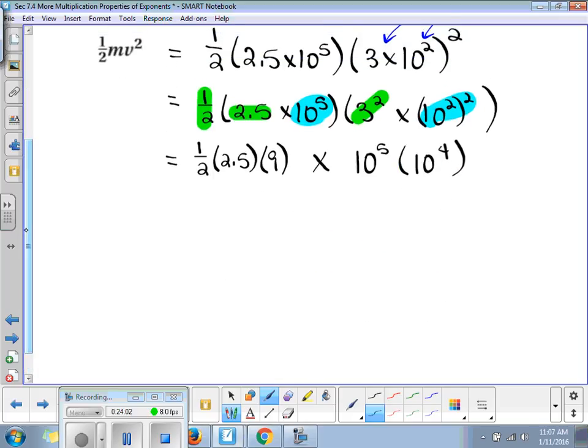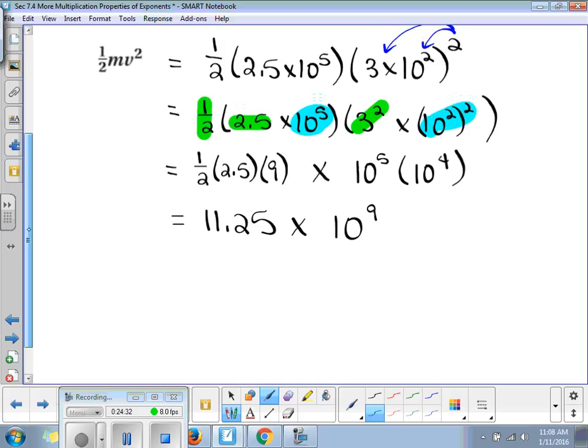So now we can multiply this first part. So this right here is going to be 11.25 times here, when I have 10 to the 5th times 10 to the 4th, that's just a power times power. What do I do to my exponent? You add them. So this is going to be times 10 to the 9th power. But is that in scientific notation? No, it's not.